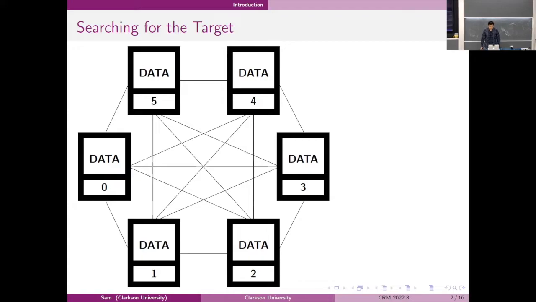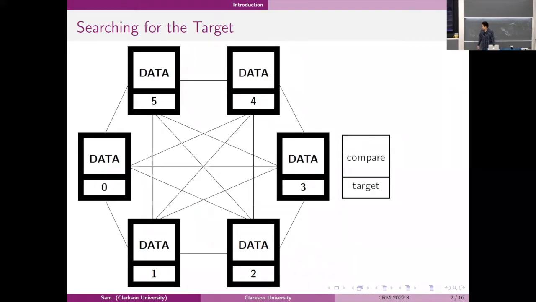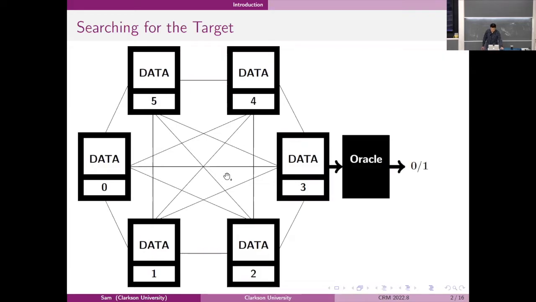To find the target, we have another box that stores the target, and it compares it with the data to check whether the data is inside a specific box or not. Typically this one is a black box, so we cannot open it up.